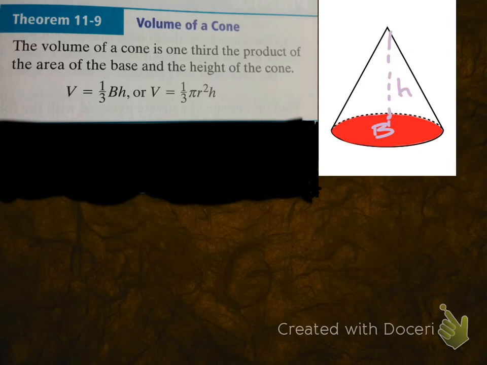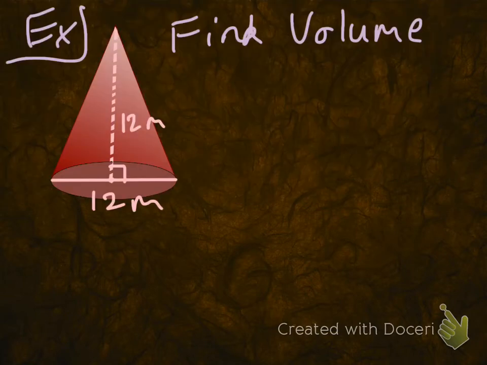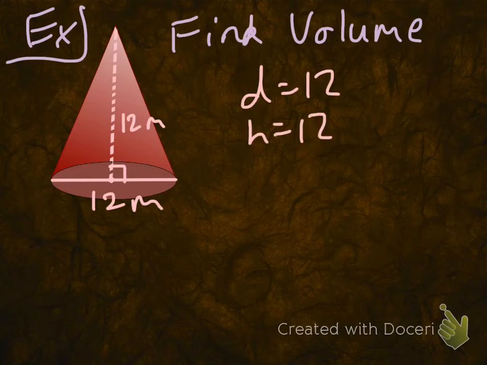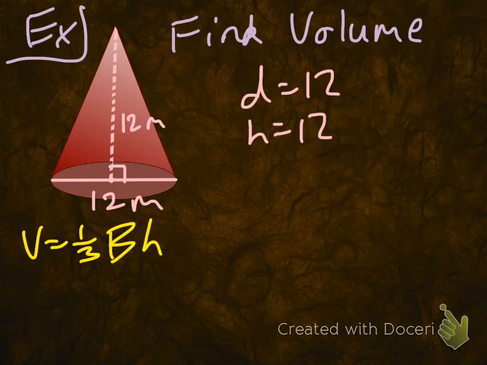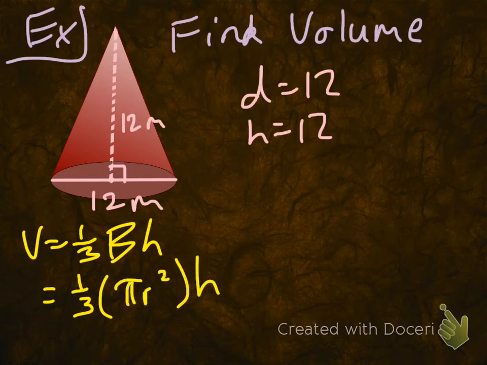Let's look at some problems. So, first of all, we have a cone. It has a diameter of 12 and a height of 12. Okay, so again, to figure this out, we have V equals 1/3 BH. Well, to find the B, the volume is 1/3 pi r squared, that's our base, and then times the height. We know the height is 12, so I get V equals 1/3 B times 12.